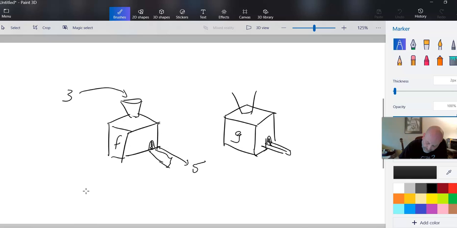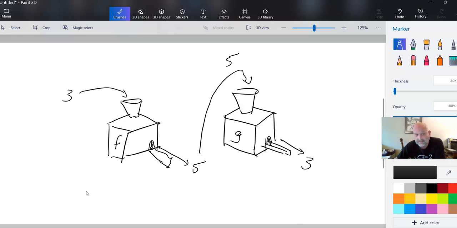And let's go ahead and draw that. And there we go. So if g is going to get us back to what we started with, that means at the end it has to spit out a 3, right? That has to be the final output. And for that to happen, the input has to be a 5.